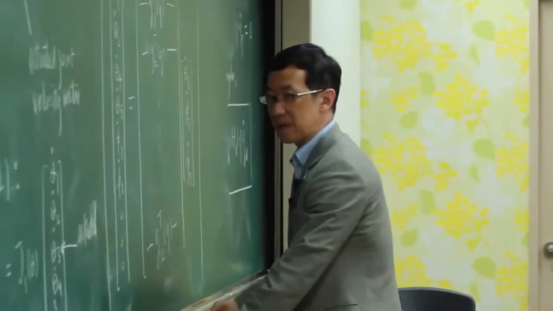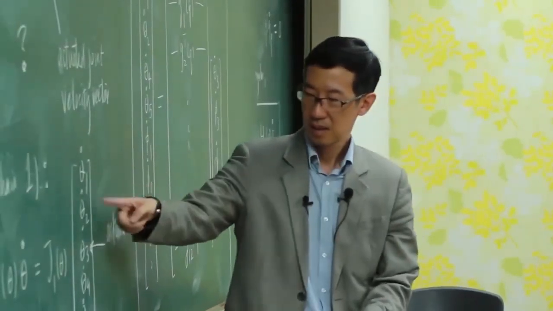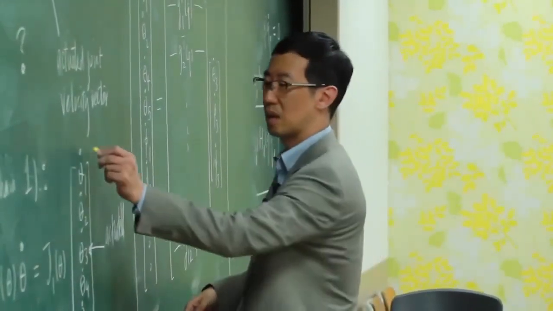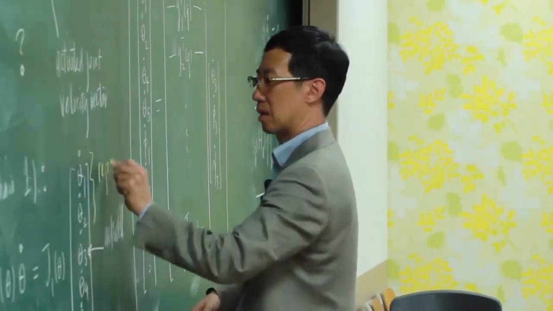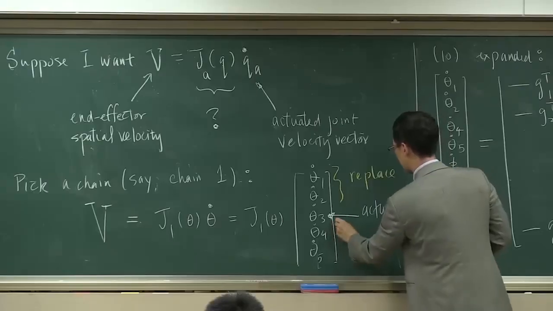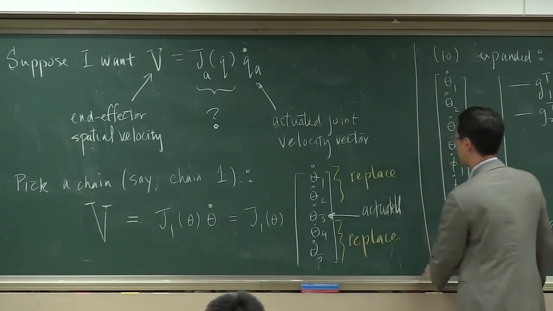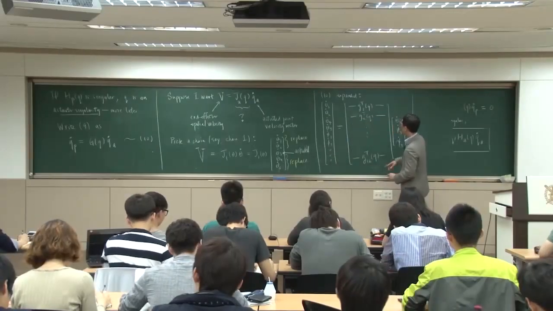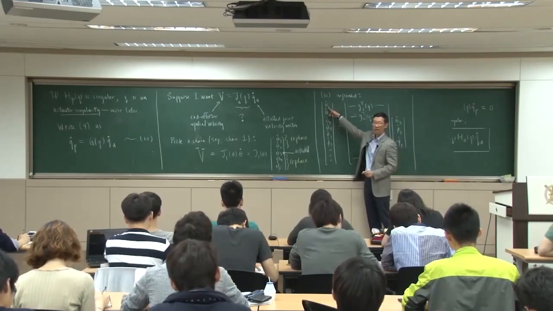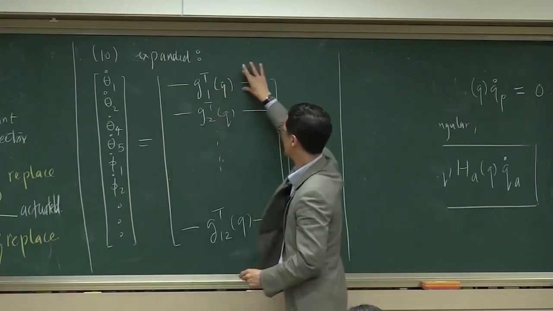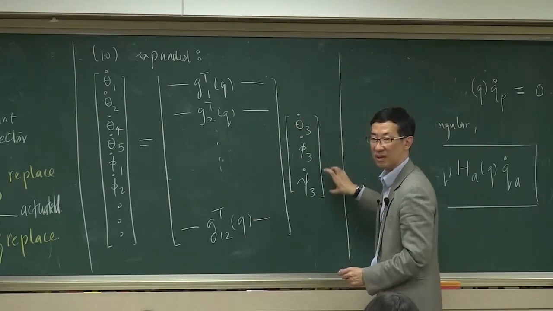So what I want to replace is these, and I also want to replace these. I look at theta 1 dot, which is this row times these vectors.